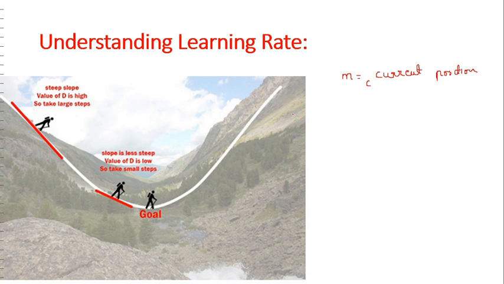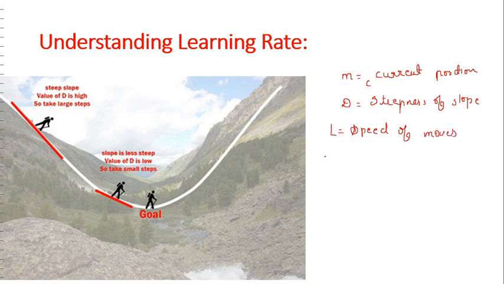Then what is d? d is the steepness of the slope. Then I have L. L, we call it the speed of moves taken by the person.